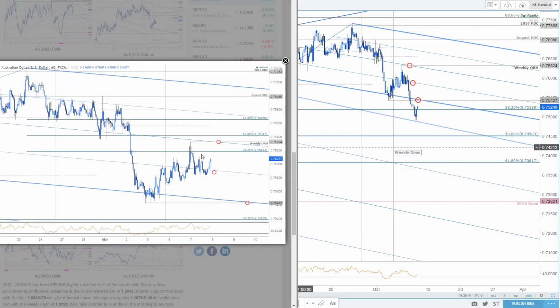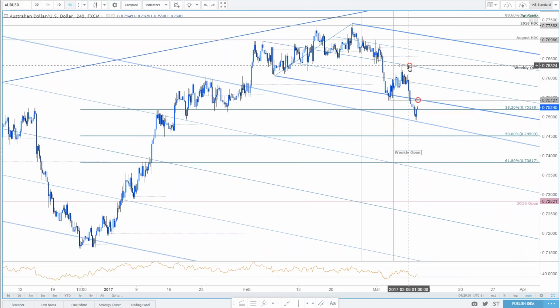Right on cue, we broke that weekly open, the weekly opening range low. We took out target 75.42. I think we talked about this yesterday during the webinar, and here's the drop down 30, the 38.2 at 75.18. We just took that out, and here's a test of last week's low as resistance. So let me clean this up for you.